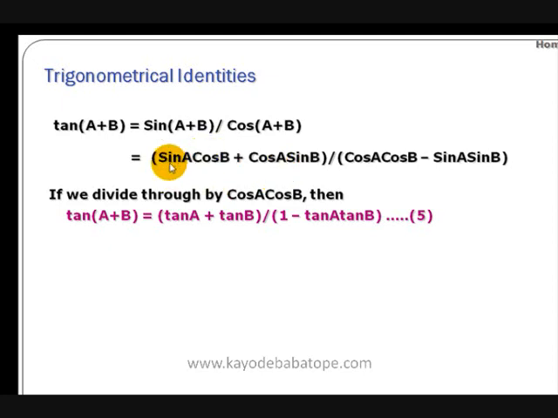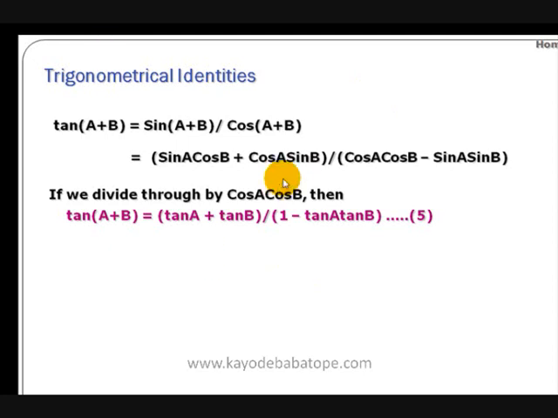Sin A cos B over cos A cos B is equivalent to tan A. How did I know that? Because we cancel out cos B, and what you will be left with is sin A over cos A, and sin A over cos A will give you tan A, plus cos A sin B divided by cos A cos B.